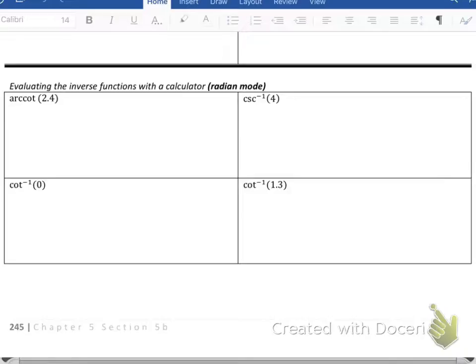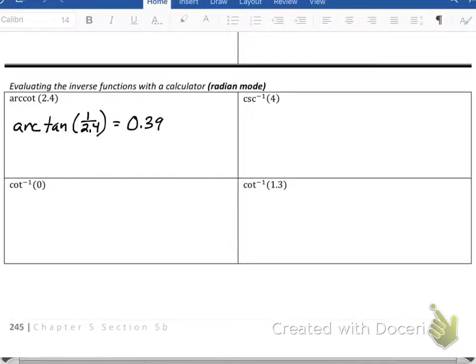If it's cotangent, I just have to decide if it's positive or negative. This one's positive, so I don't have to add that pi to it. So in our calculator, we just need to do arc tangent of 1 over 2.4. I'm going to let you practice this and just put the answers up. So this one I got 0.39.